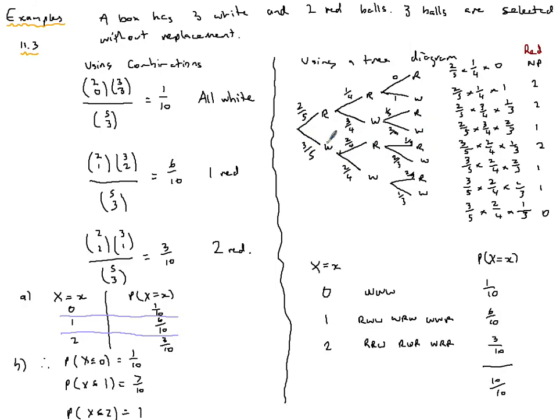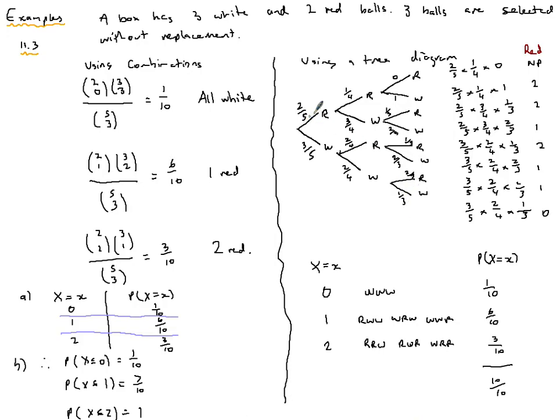If we took a white ball out and then a red ball, we would have 1 out of our red balls left and 2 out of our white balls left. And if we took 2 white balls out, we would still have 2 red balls out of the 3 remaining balls, and we'd have 1 white ball out of the 3 remaining balls.